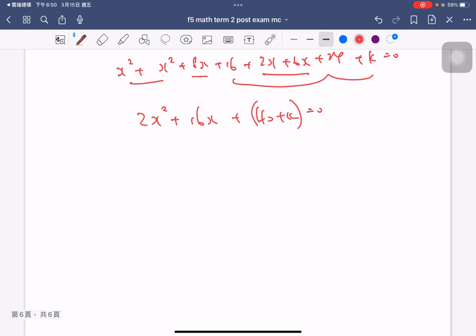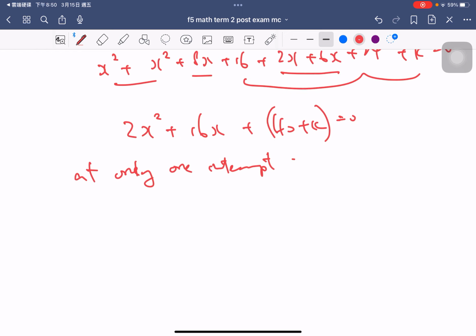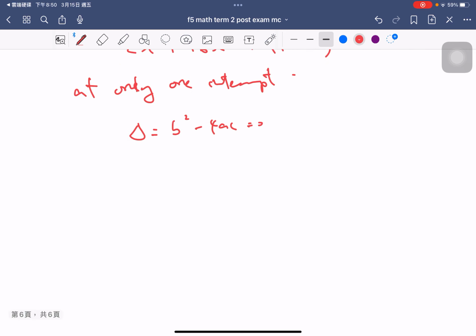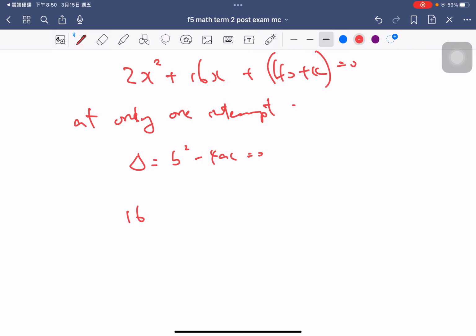Now we can say that because there is only one intersection, the delta should be equal to b squared minus 4ac equal to 0. So now I have b squared, which is 16 squared, minus 4 times 2 times (40 plus k) equal to 0.